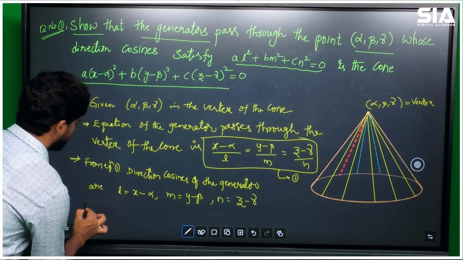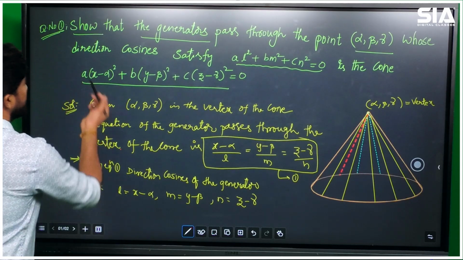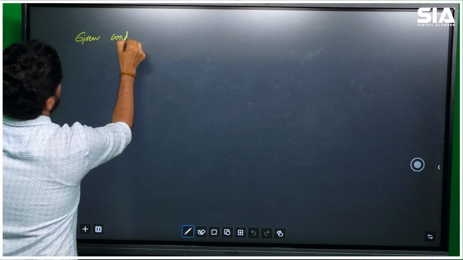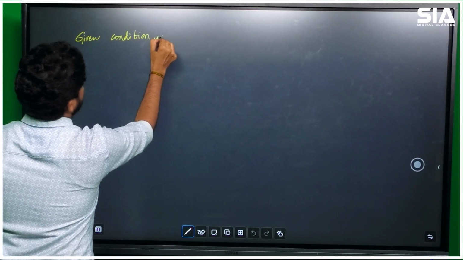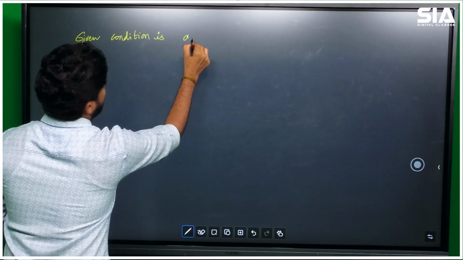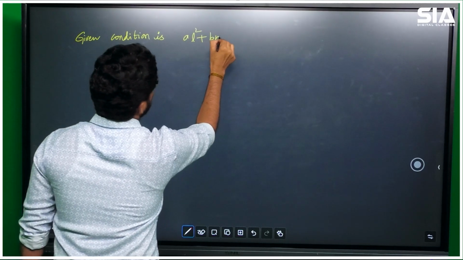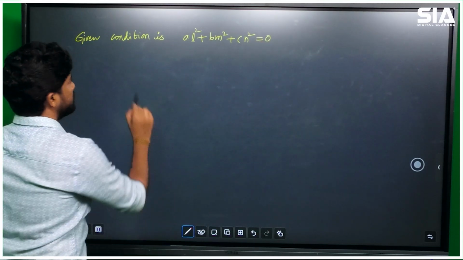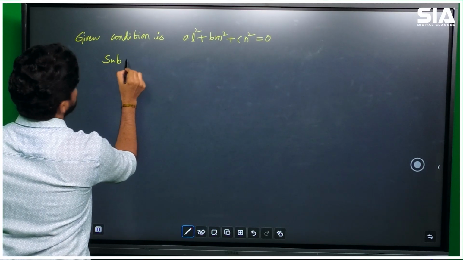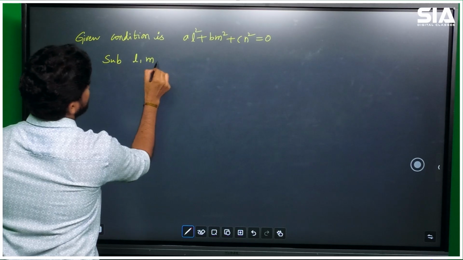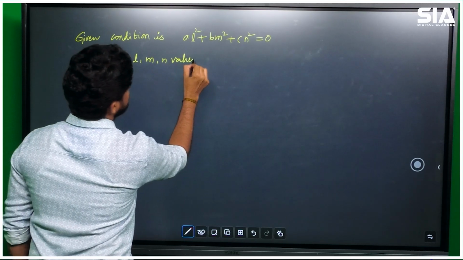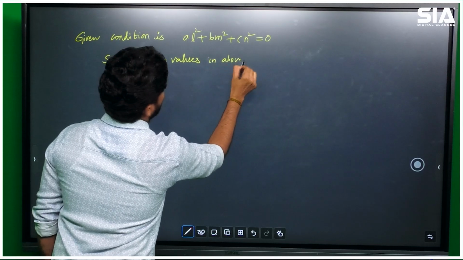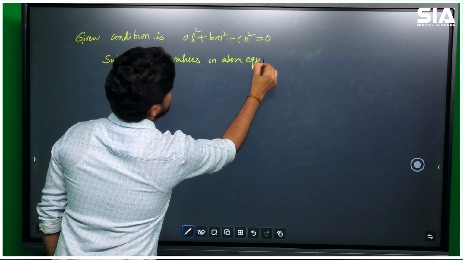So what is the given condition? The given condition is a l square plus b m square plus c n square is equal to 0. Substitute the l, m, n values in this above equation.